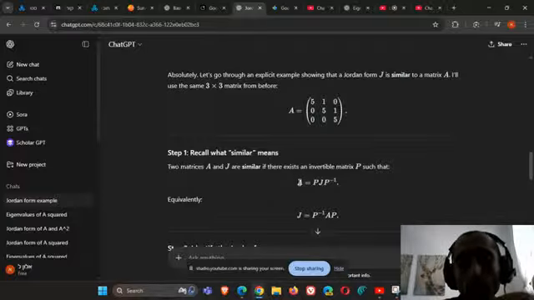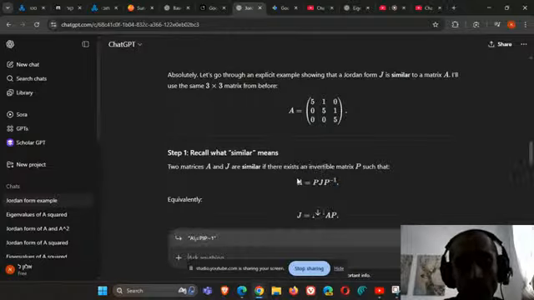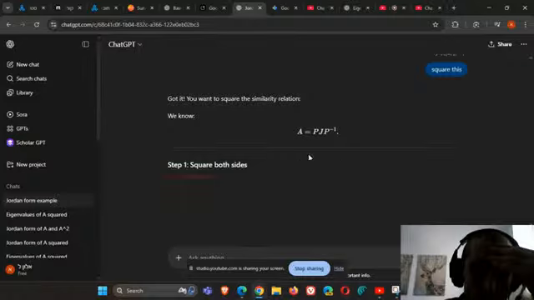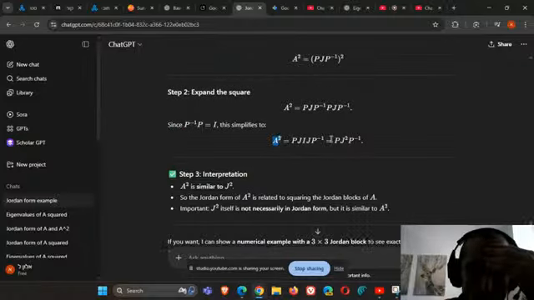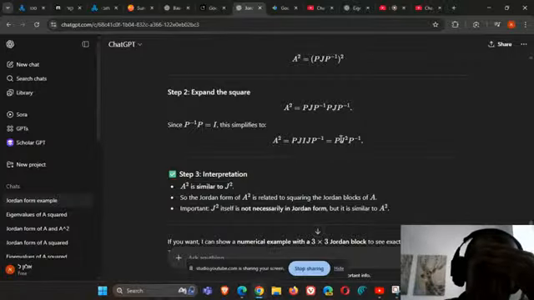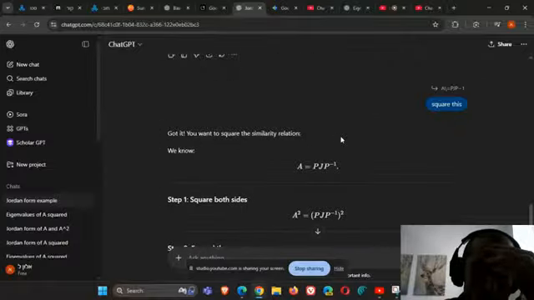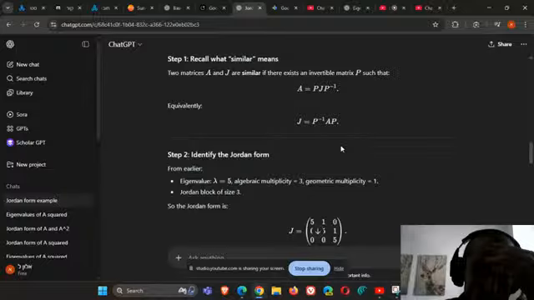Now, if I square this, A squared equals P J squared P inverse. This means that A squared is similar to J squared. Now, J squared doesn't have to be a Jordan form, but a Jordan form is a triangular matrix.